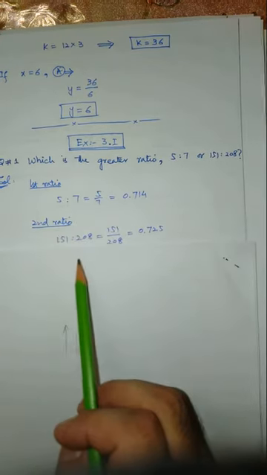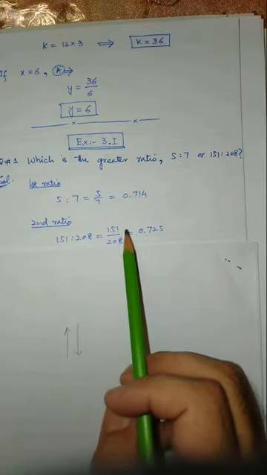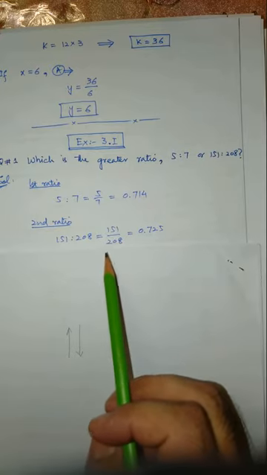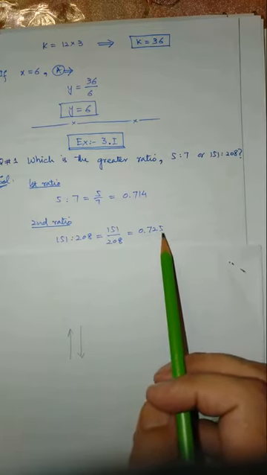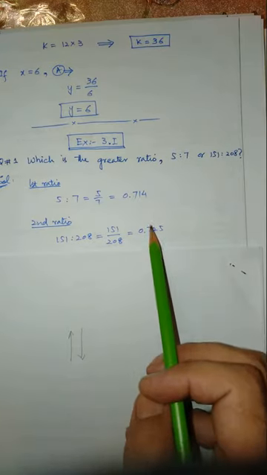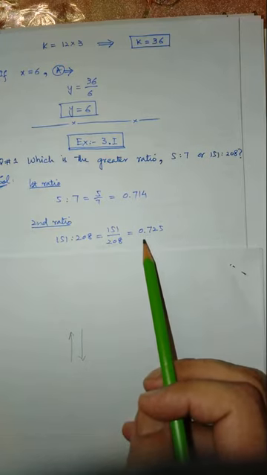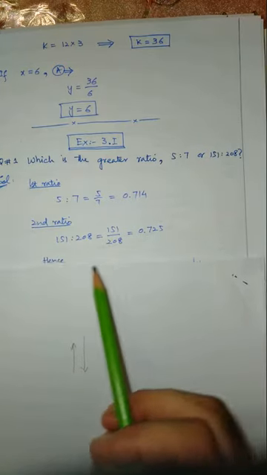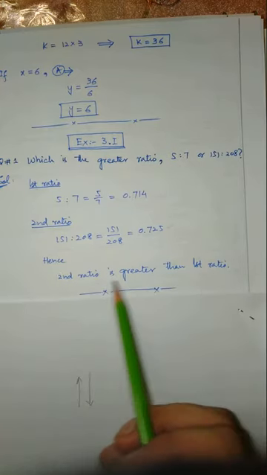Then the second ratio, 151:208, is equal to 151 divided by 208. Dividing 151 by 208, this is equal to 0.725. Now comparing these two values, 0.714 and 0.725, this value is greater. Hence, the second ratio is greater than the first ratio.